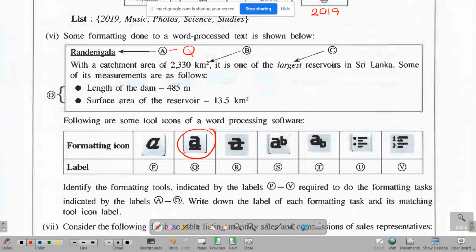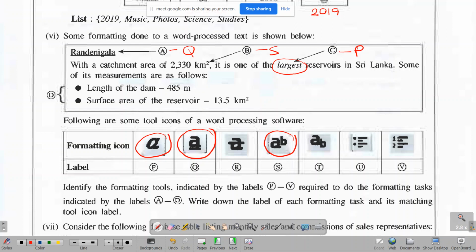The effect of B is called the superscript. Superscript is indicated by S, so it is S. And this is italicizing, so that means C goes with P.